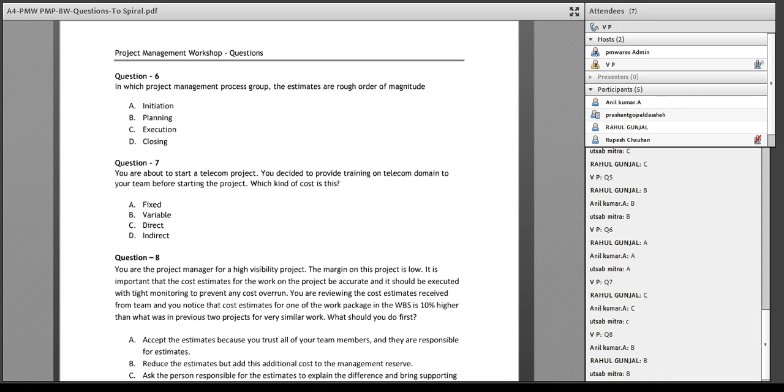Question number 8, B, all B. Okay. You all are going good or you are all going wrong? Okay. Let's read this eighth question.